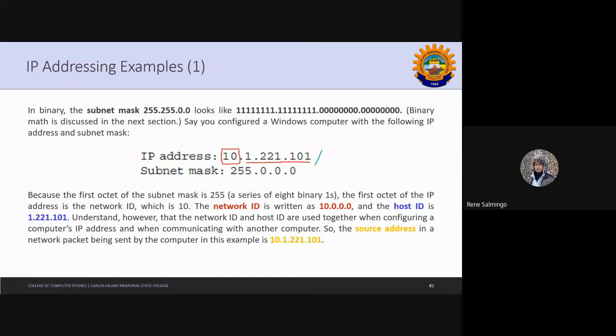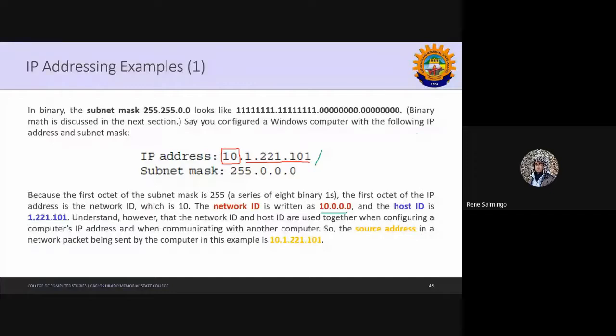How many are being seen in the network ID of class A? This is 10.0.0.0, so the subnet mask is 255.0.0.0.